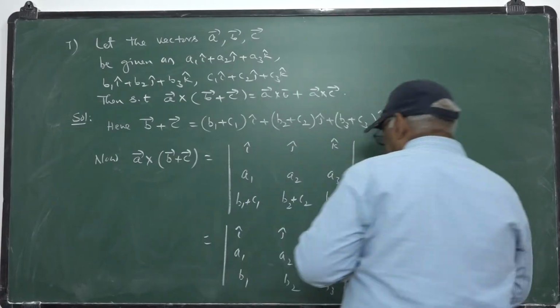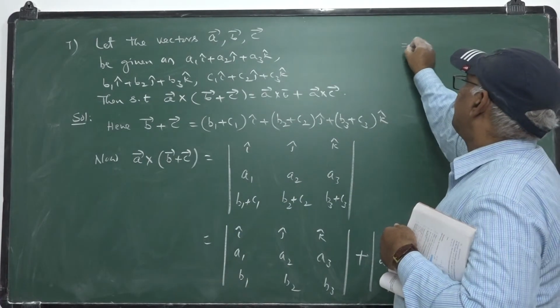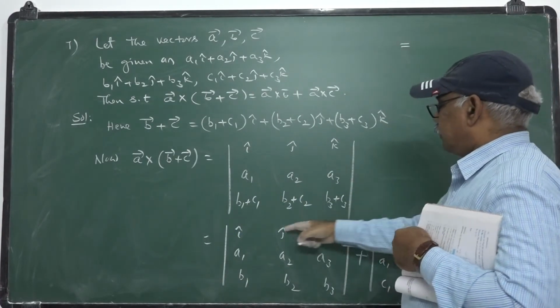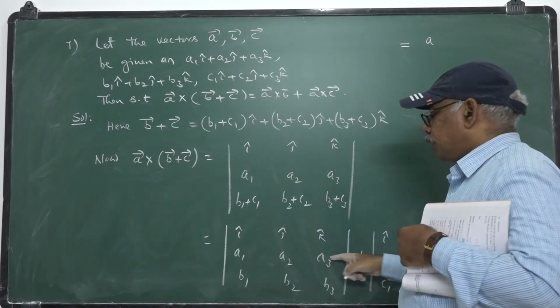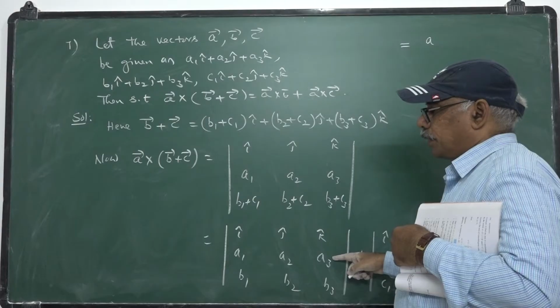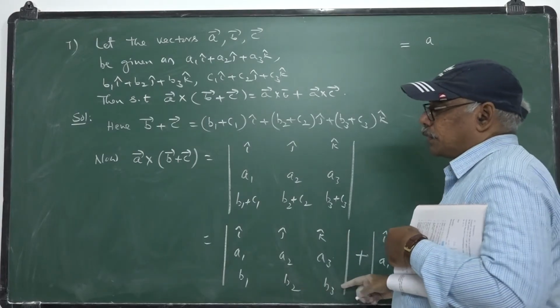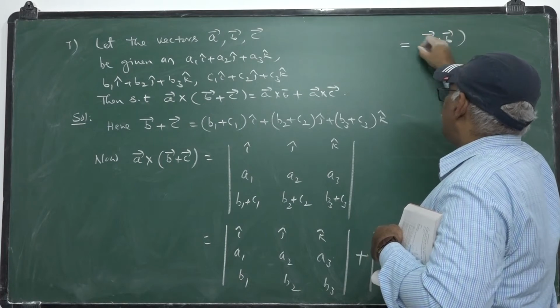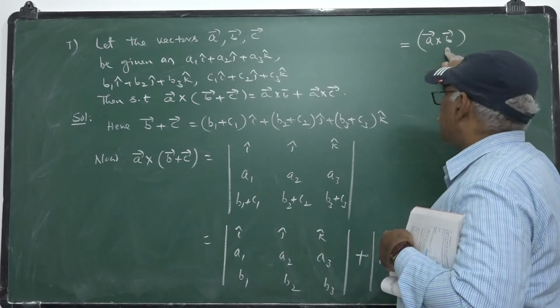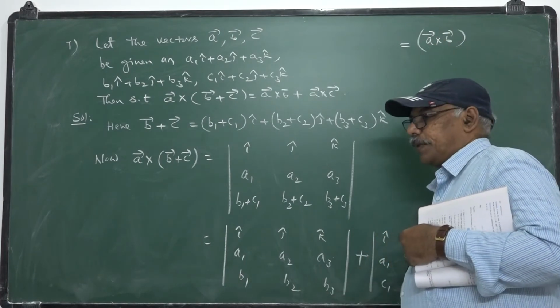So this determinant is clearly given by, this is related to components of A bar, this is related to components of B bar. Hence, you can write it as A bar cross B bar. The pre-multiplier is A bar, post-multiplier is B bar, clearly.